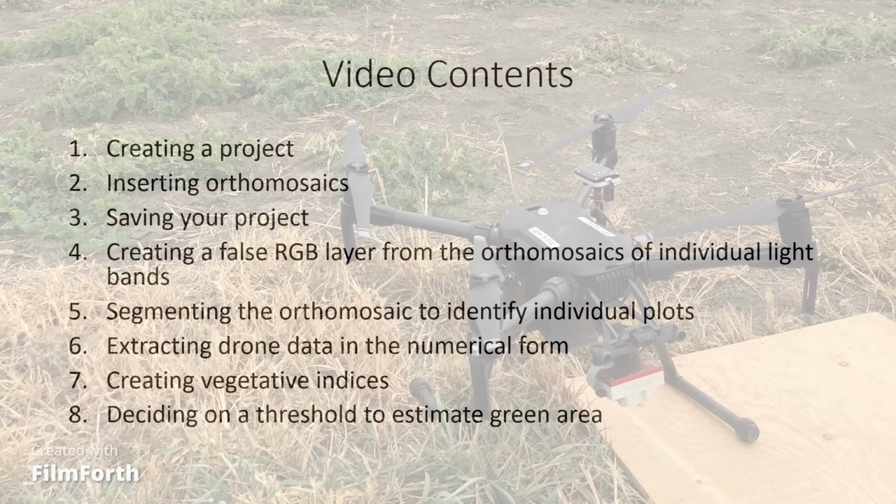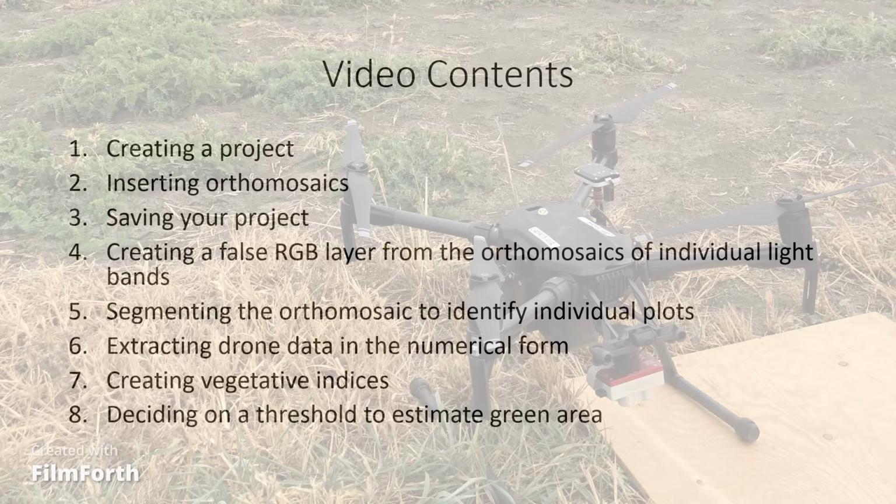I hope you enjoy. All right, so our video here today can be divided into approximately these 8 sections. First we're going to figure out how to create a project in QGIS, then how to insert our orthomosaics that we've stitched together using other software, saving your project, followed by creating a false RGB layer.